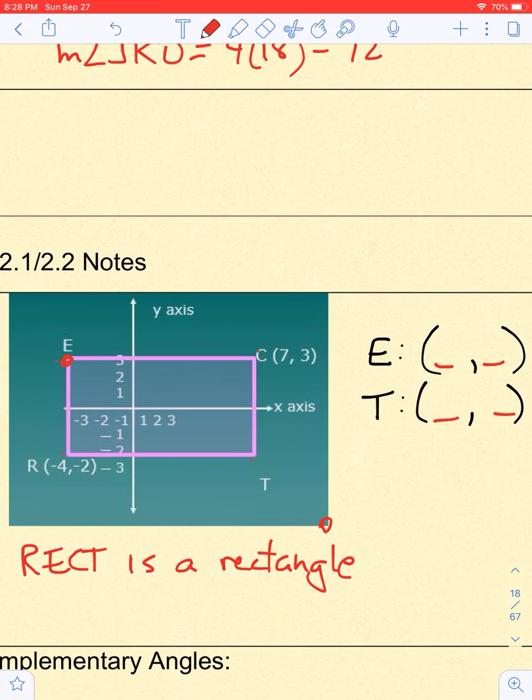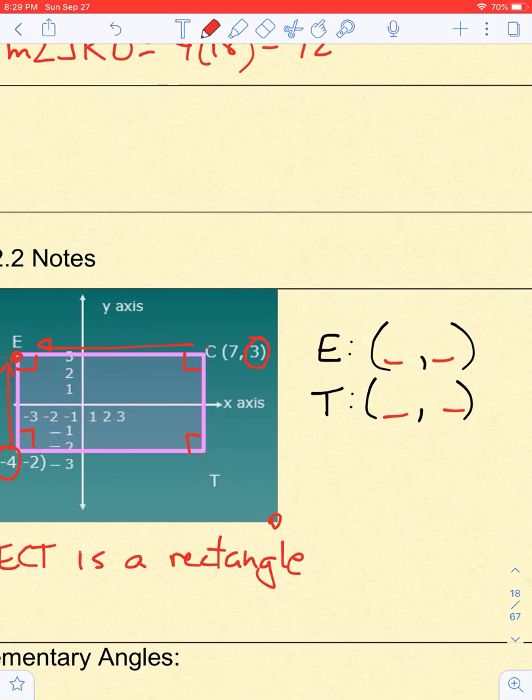And so based on that, we know that these are perpendicular. Now because of that, we can travel in a horizontal direction here and know that our altitude won't change. We also can come up from here and we know that our left and right, call it east-west, is not going to change. So therefore E will be -4, 3.